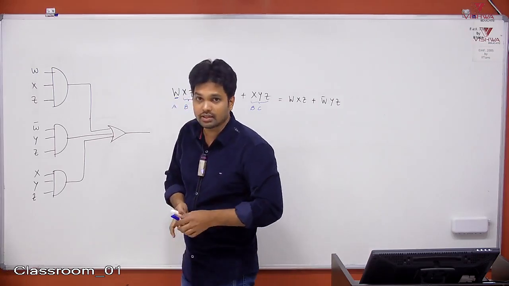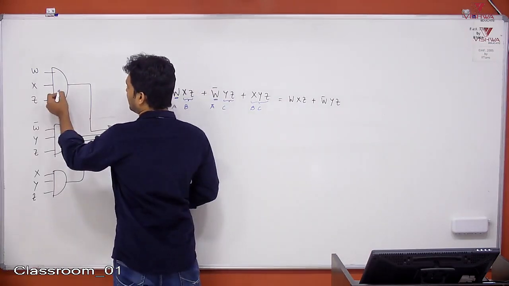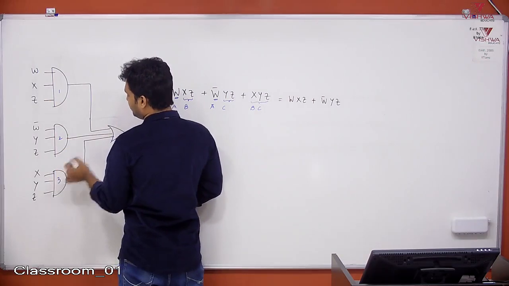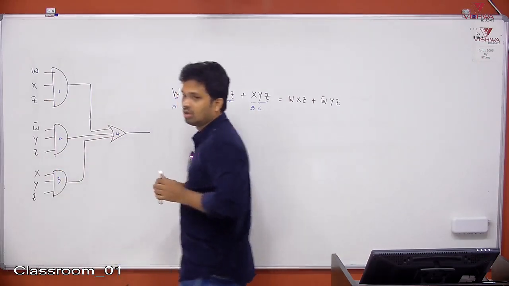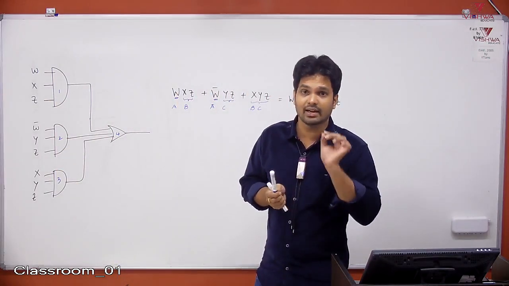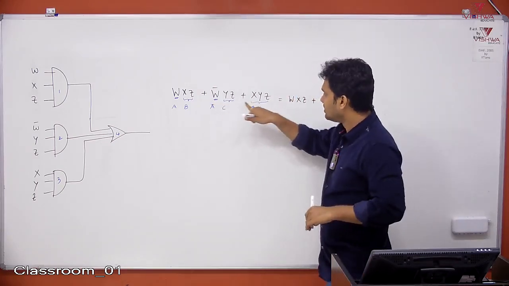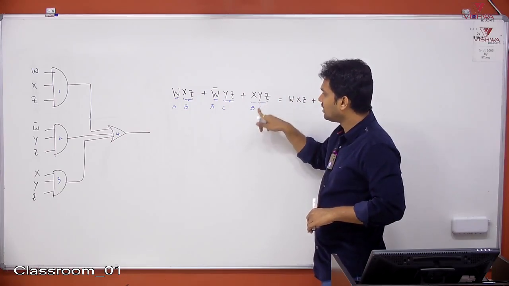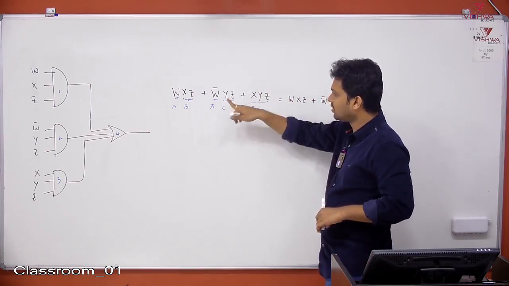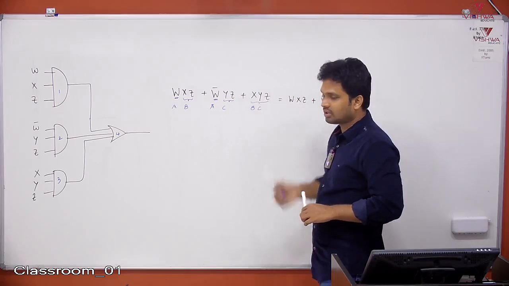Now you can see, if you take gate number 1, 2, 3, 4, what is the question? Which gate is redundant? Redundant means not required. So you can see in these 3 gates, which one is not required here? This gate can be neglected. Remaining 2 is sufficient to represent your function.